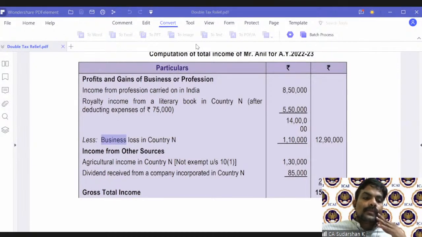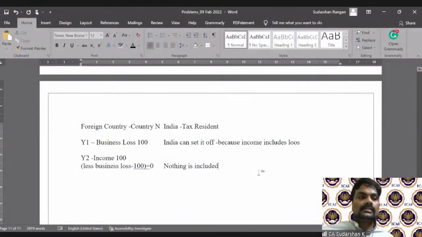Now, had the question said that country N allows you to set off, then what would have happened in the next year? In year 2, let's say I would have got an income of 100. I could have set it off with the business loss of 100 I had in the previous year, and my income would have been 0. I don't need to add anything in India.